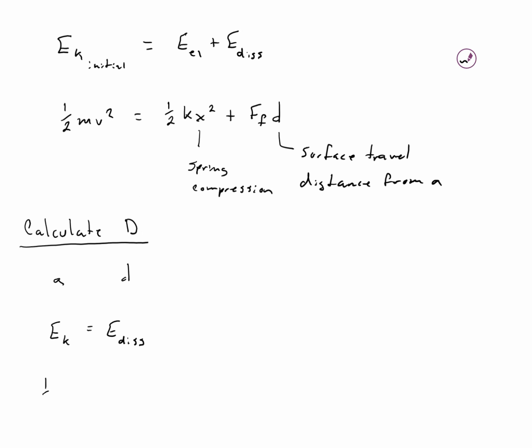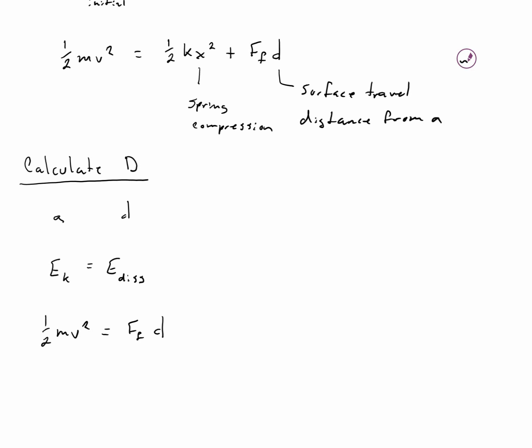And so we'd have 1/2 mv squared is equal to force of friction times distance. So D is still going to be the surface distance traveled. And of course force of friction, and so we would be able to calculate what D is based on the size of force of friction and then how fast we were traveling.